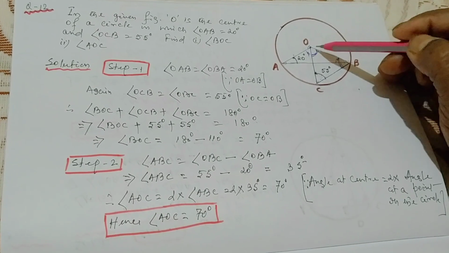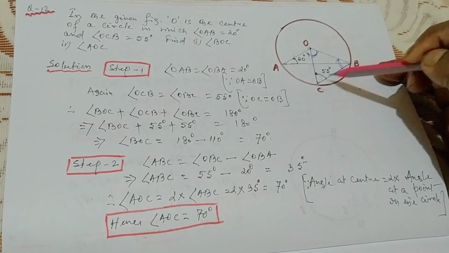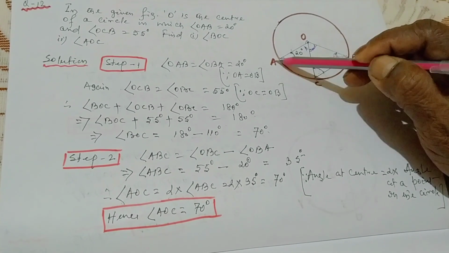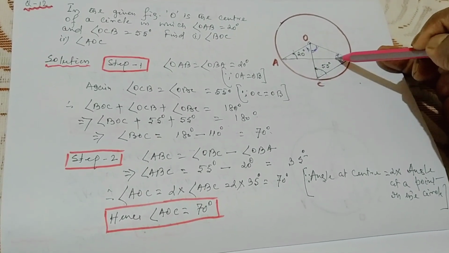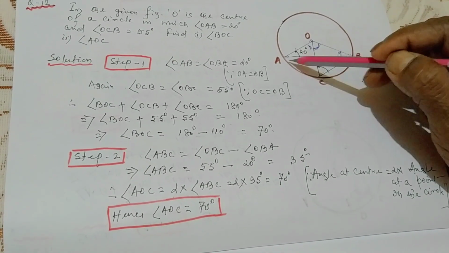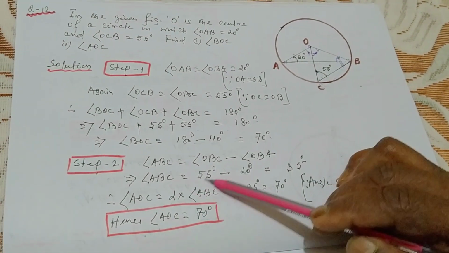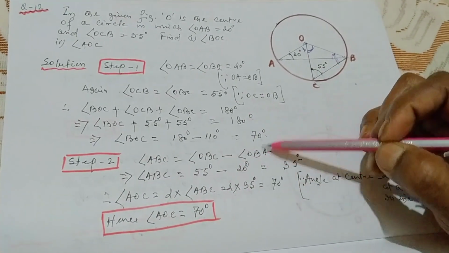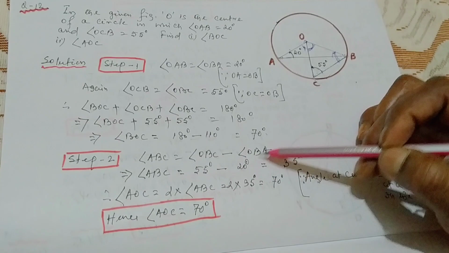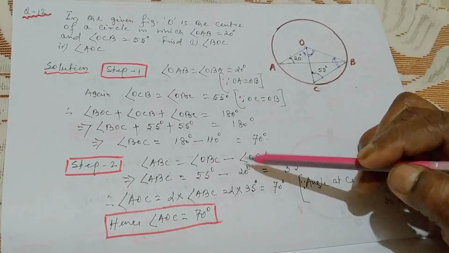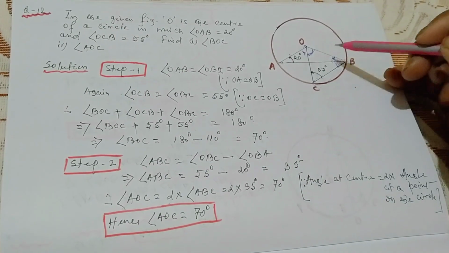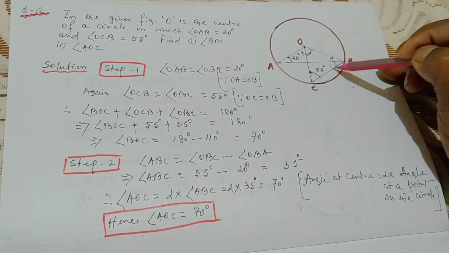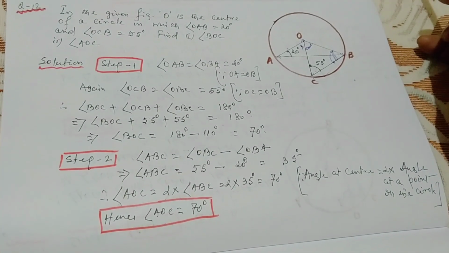That means from angle OBC, if we subtract the value of angle OBA, then we will get the value of angle ABC. That means angle ABC is equal to the value of angle OBC, that is equal to 55 degree. Already we have calculated. So now 55 minus 20 degree is equal to 35 degree. That means angle ABC, this angle, is equal to 35 degree.